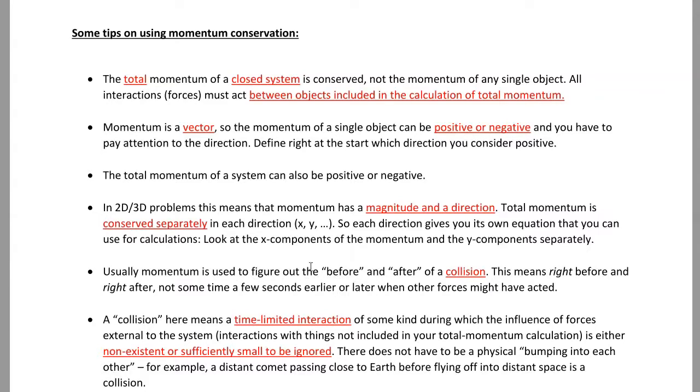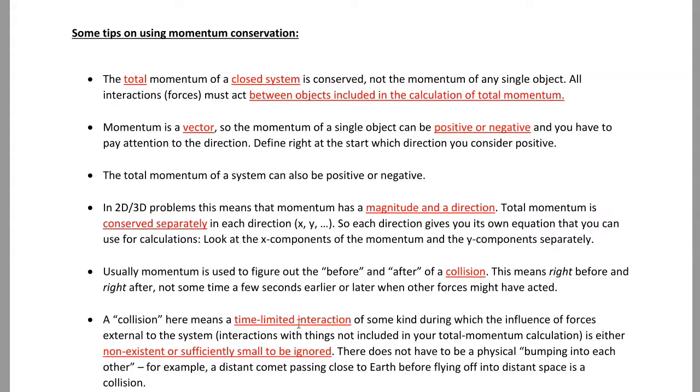So it's kind of saying, look, during the time interval, we can really ignore those other forces from the outside, the friction, the air resistance, in the case that we looked at. If we wait too long, well, then those will be relevant again, because it's probably the friction with the ground that will ultimately bring the two vehicles to rest. Now, final point, a collision in this context means a time-limited interaction.